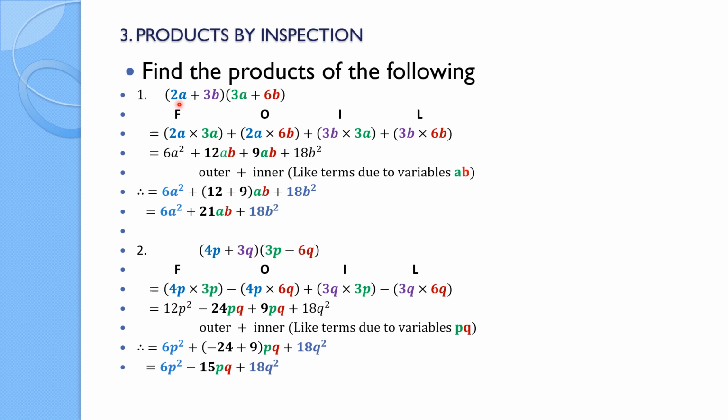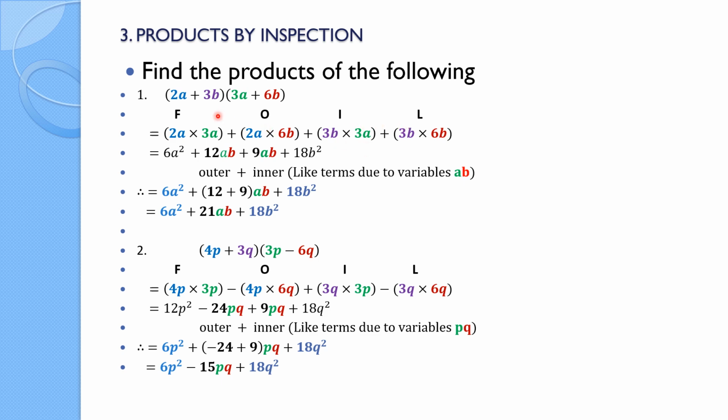Alright, so first term and first term. So 2a times 3a. For outers, the outer term here is 2a times 6b. Then inners, positive 3b times positive 3a.